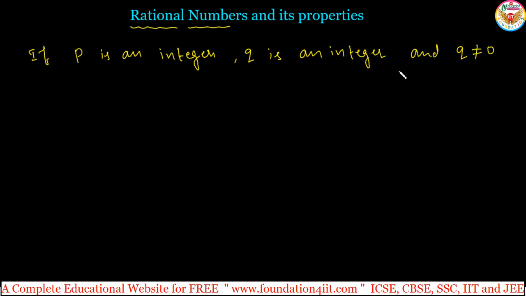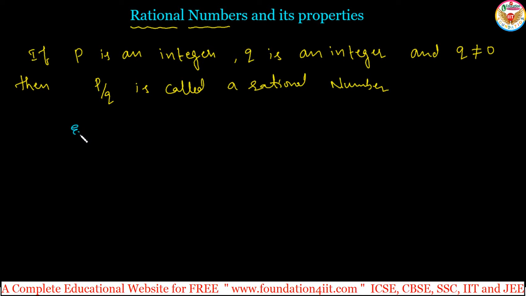Q is non-zero. Then a number of the form P by Q is called a rational number. This way we can define. So this is the definition of rational numbers.